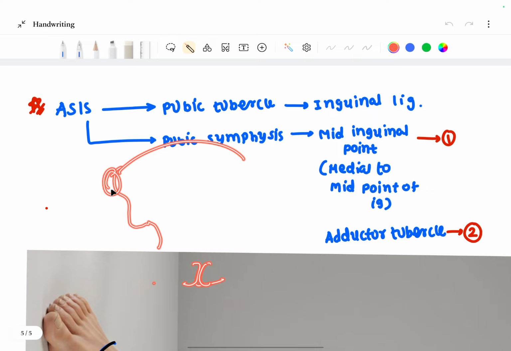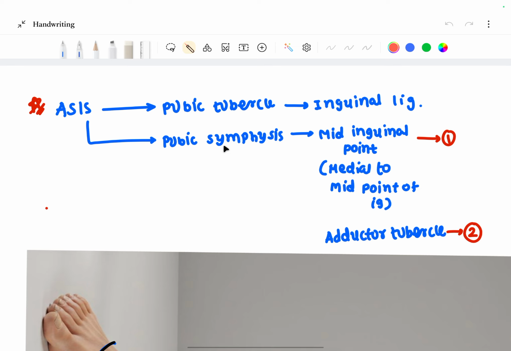This is your ASIS. From the ASIS to the pubic symphysis is the mid-inguinal point, and from the ASIS to the pubic tubercle, which is just lateral to the pubic symphysis, this line is called the inguinal ligament.